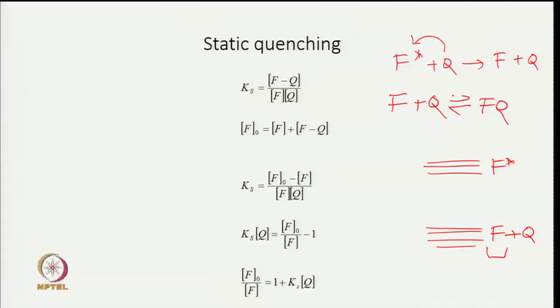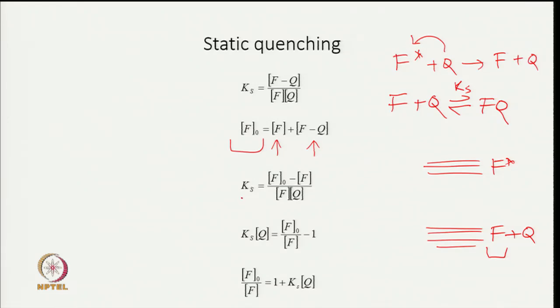If you take the equilibrium constant as Ks, then Ks is equal to FQ divided by F into Q, and your total fluorophore concentration will be equal to fluorophore in free form plus fluorophore in complex form.